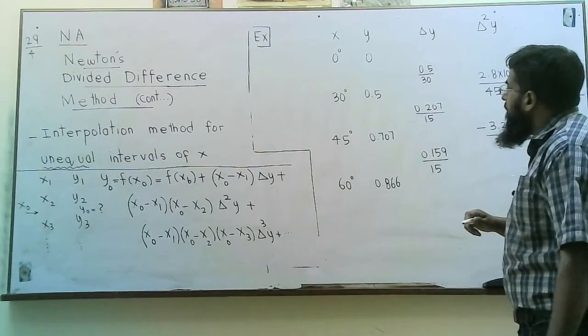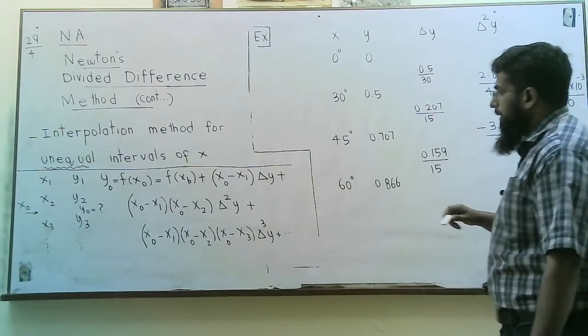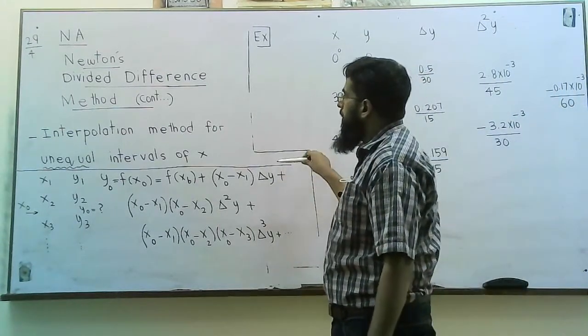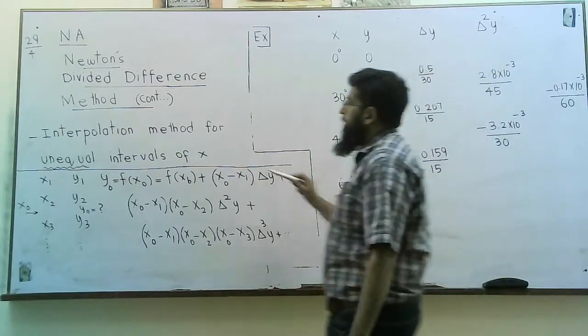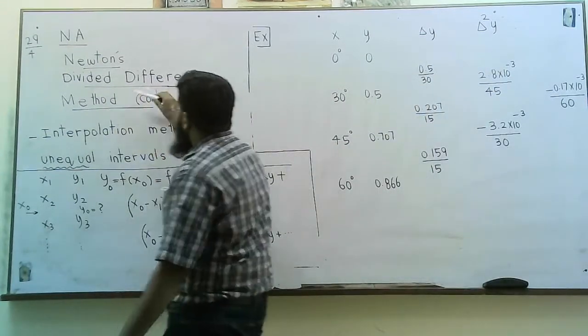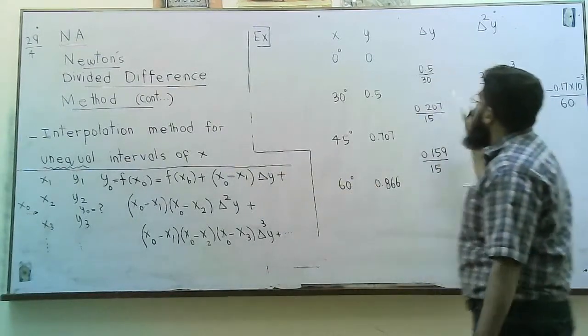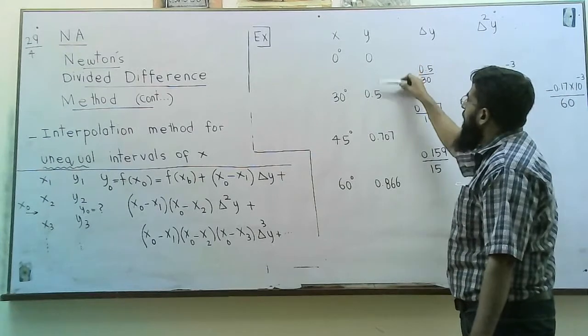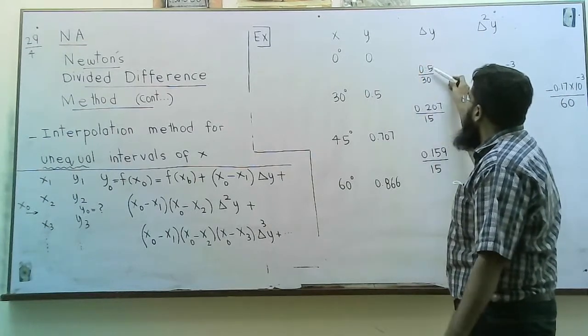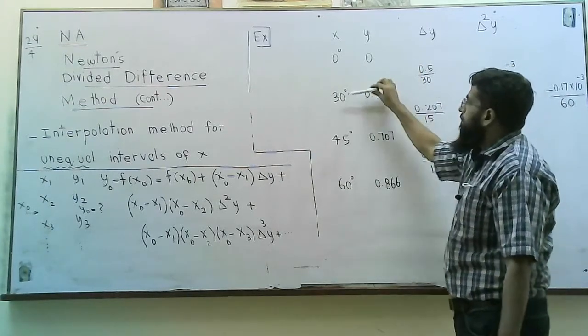Right, but del y is a bit different from the del y that we computed for Newton's other two methods. This del y is the divided difference. Since the method is divided difference, del y is not only the difference between the two values of y, but it is divided by the difference of x.